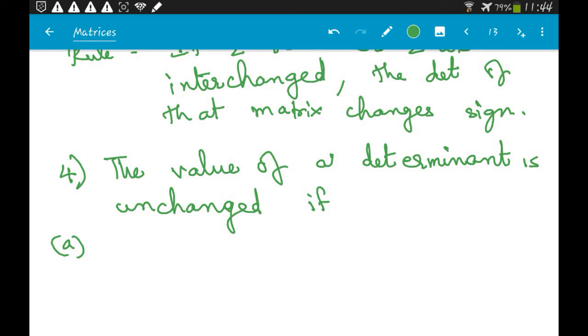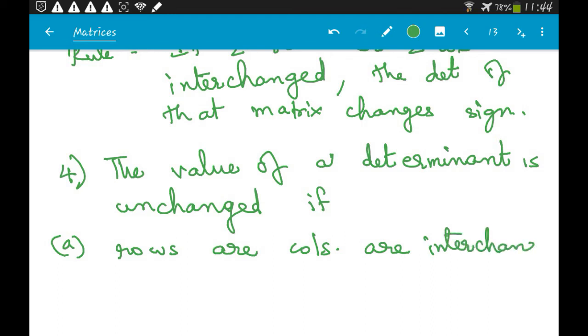One is if rows and columns are interchanged. What this means is you make the row a column and the column a row. You make row become column and column become row.